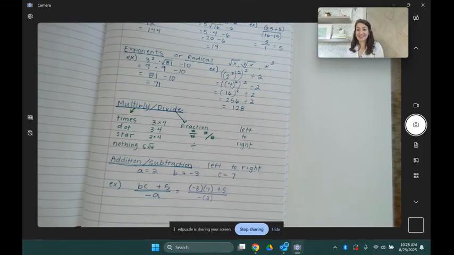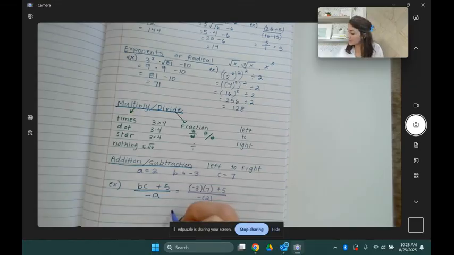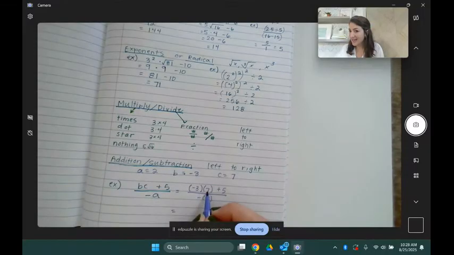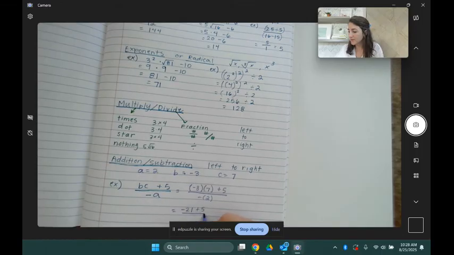Okay, so looking at this, what to simplify first? It looks like I've got two groups, the top and the bottom. So I'm going to simplify the top first. So -3 times 7 is -21, all over, that's just going to be a -2 on the bottom.